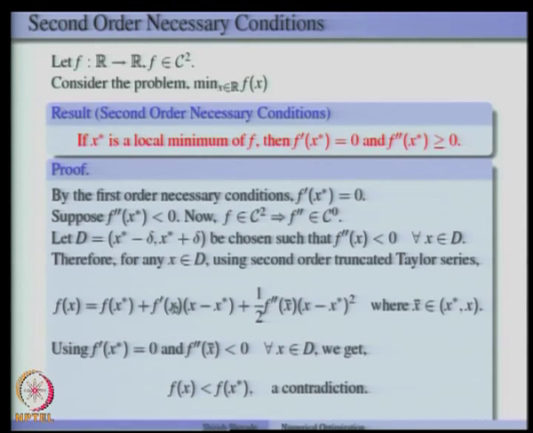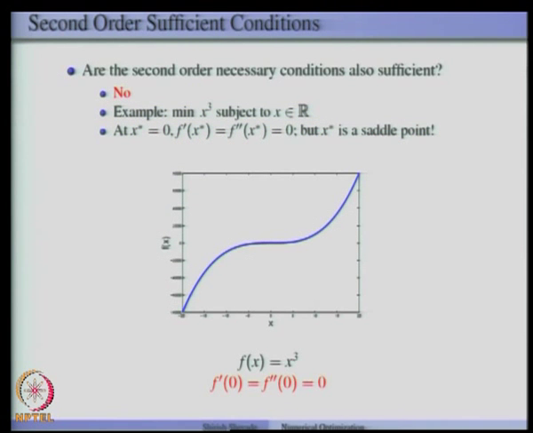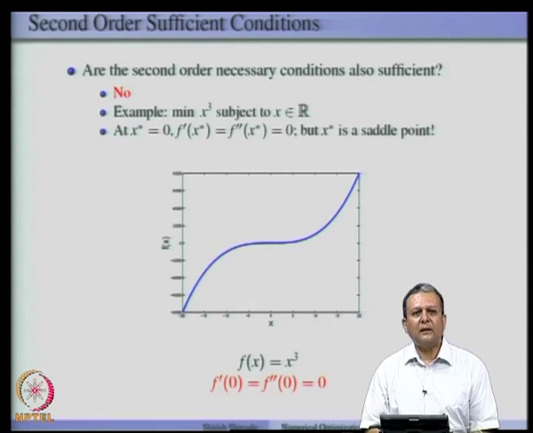So, remember that this is f dash x star, and by first order necessary conditions f dash x star equal to 0. Now, the question is, are these second order necessary conditions also sufficient?